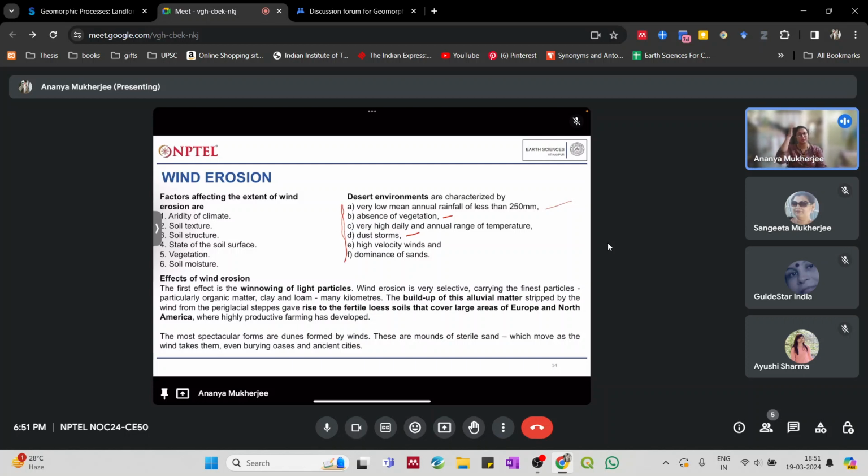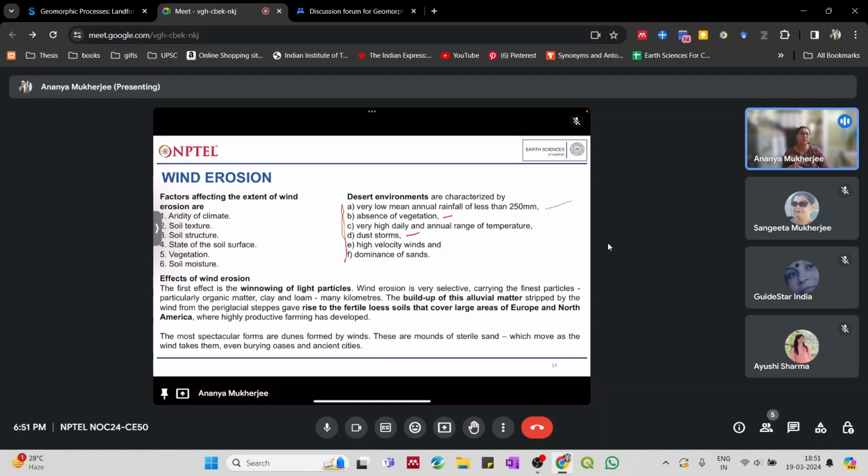So all the fertile matter can be carried from one place to another, and the area where the wind velocity is much higher is devoid of these fertile elements that are required for the soil if we want to have agricultural lands there.